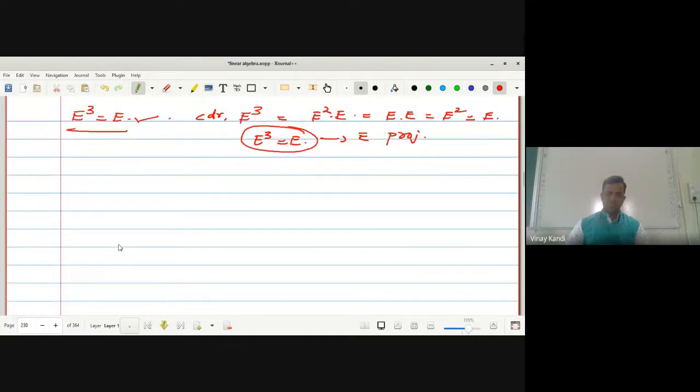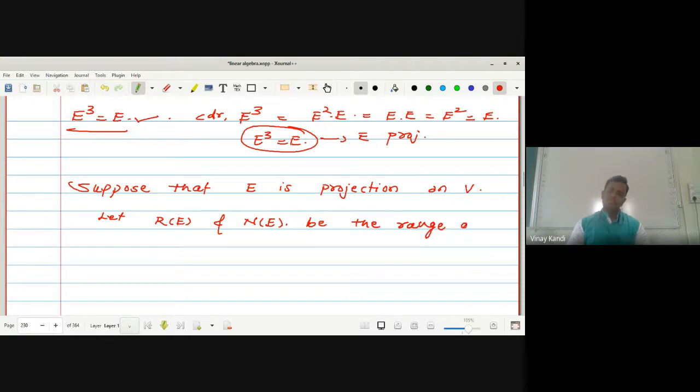Okay. So this is the definition of projection. Let V be the vector space and a projection on V is a linear operator E on V such that E square is equal to E. Now suppose that this capital E is a projection on V, and let R of E and N of E be the range and the null space of E respectively.